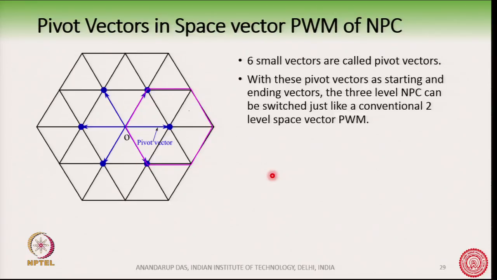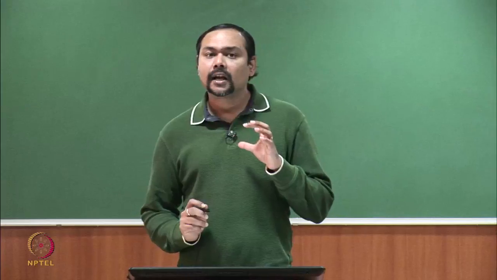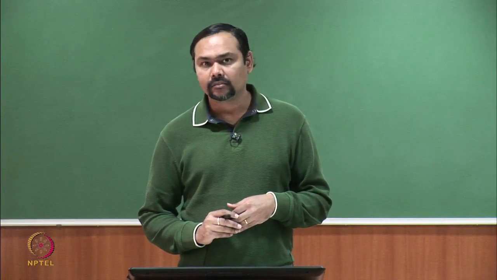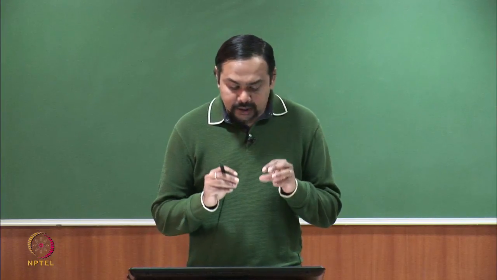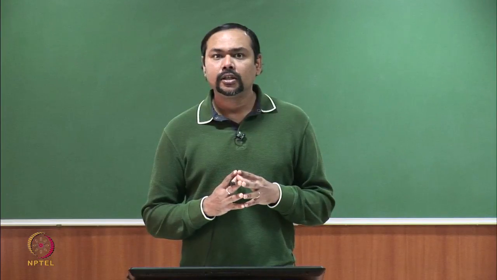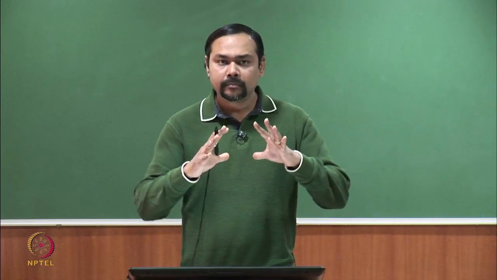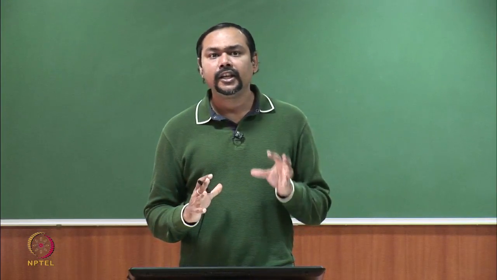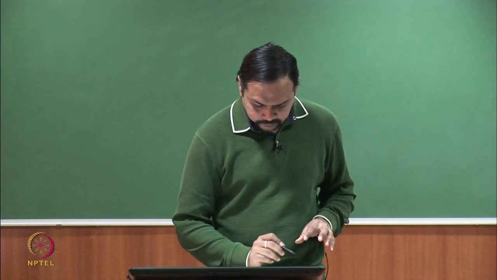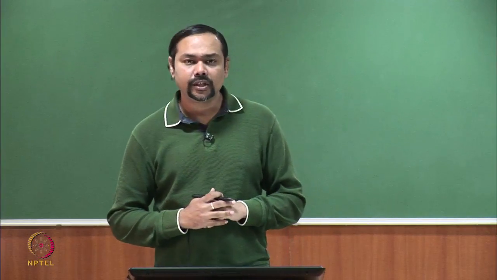This hexagon is representing the 2-level space vector diagram. So, with these 6 pivot vectors, we can split the big hexagon into 6 small hexagons. This is what I have shown here.